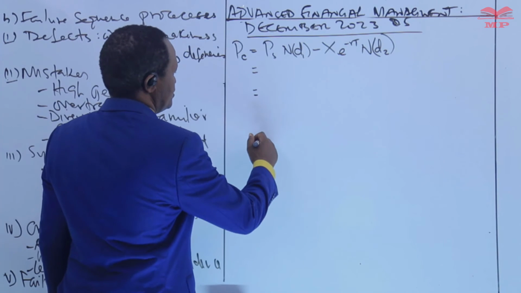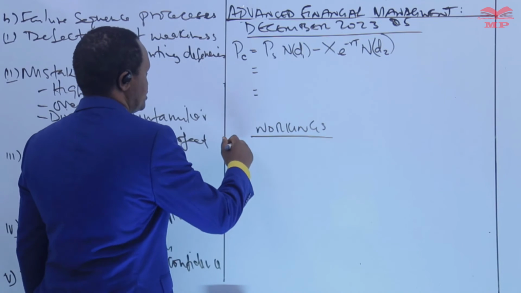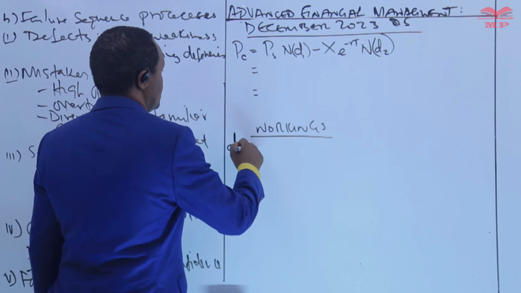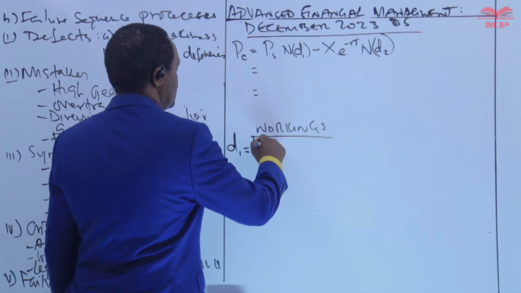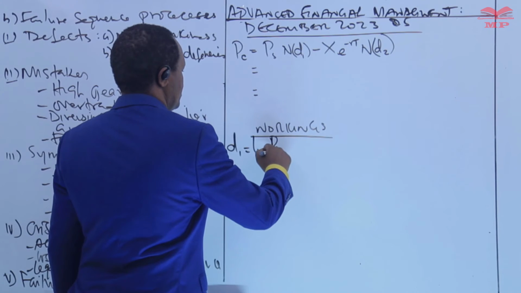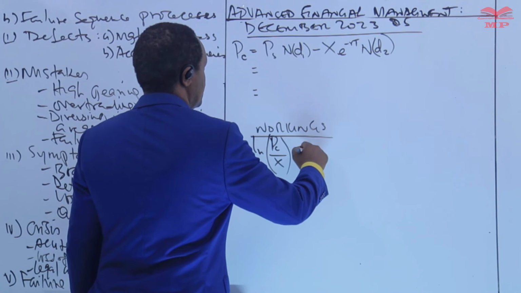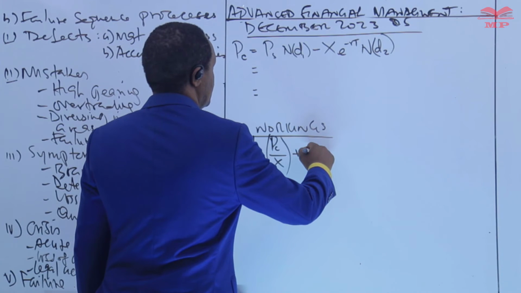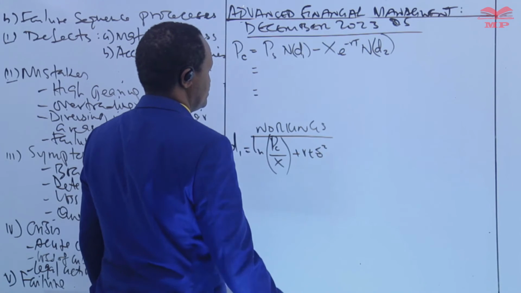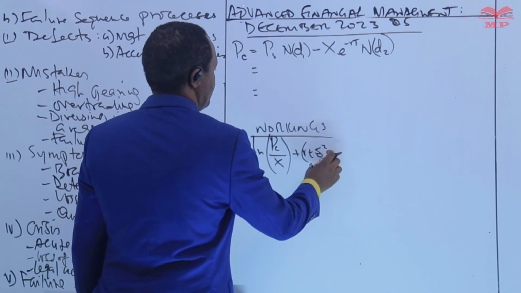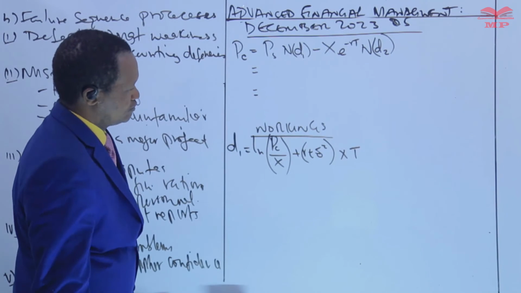So we'll have workings. The first working is to calculate D1, which you are given in the question: natural log of PC over X plus RT plus standard deviation squared, which is the variance, times T. Okay, that is D1.